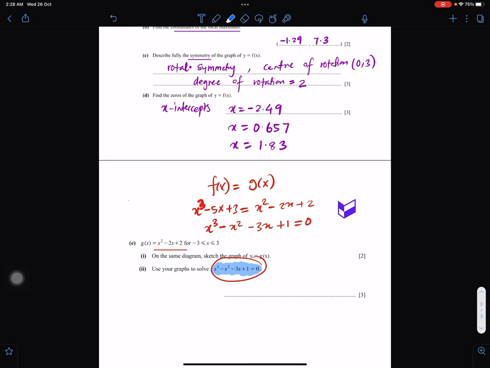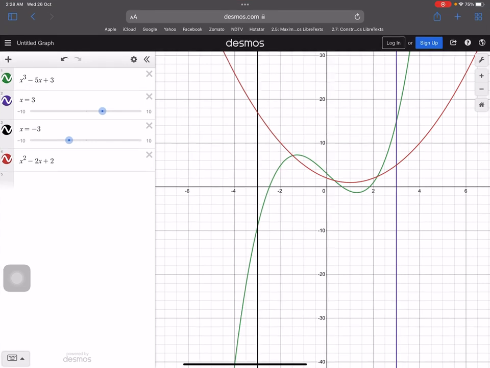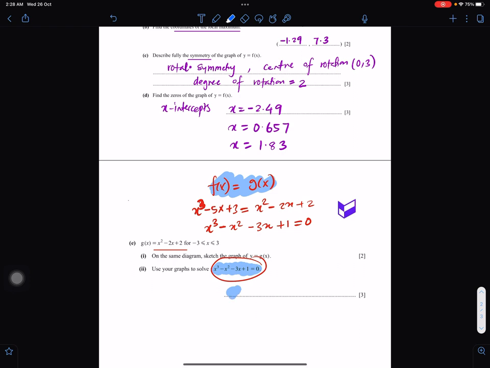So technically they are looking for the points of intersection. Look at the points of intersection from your GDC screen. So we get the points of intersection at the x values only. Those are at minus 1.48, x is equal to 0.311. Let me copy it down.